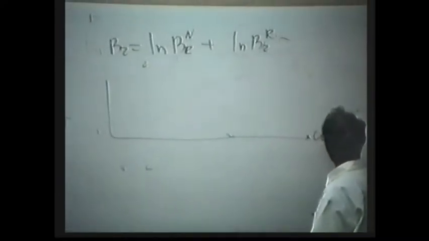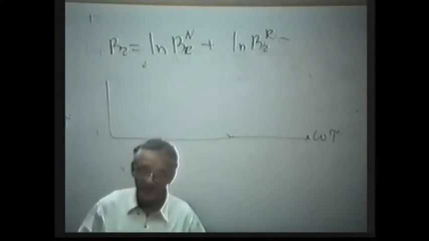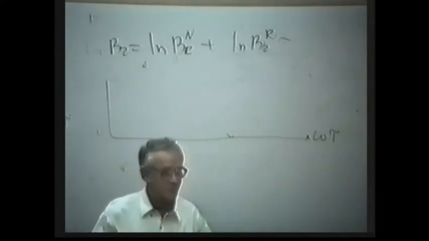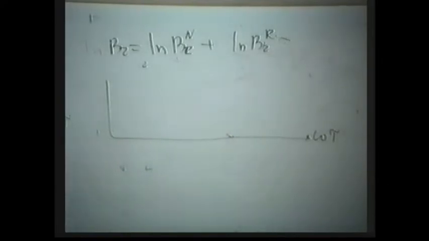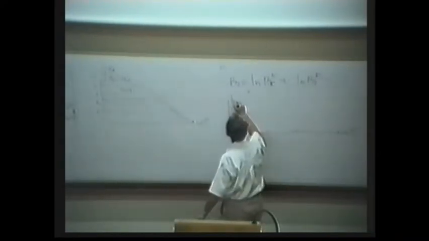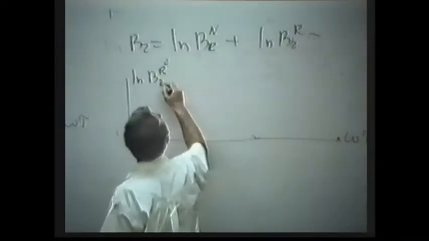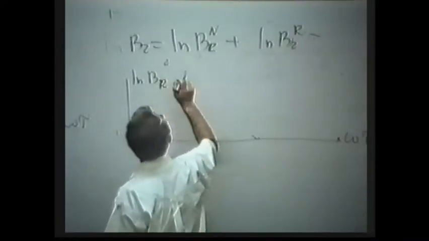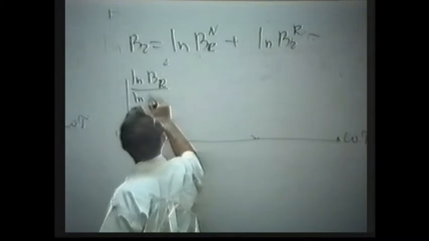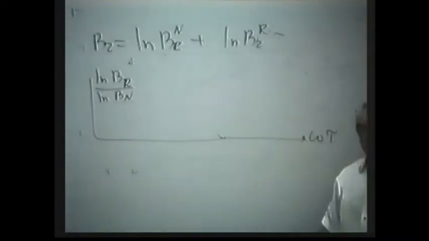Omega tau. Here, something very funny happens. And the same happens in time domain, exactly the same. Ratio in phase of the body. Sorry, sometimes I write up, sometimes down. So let us think together.